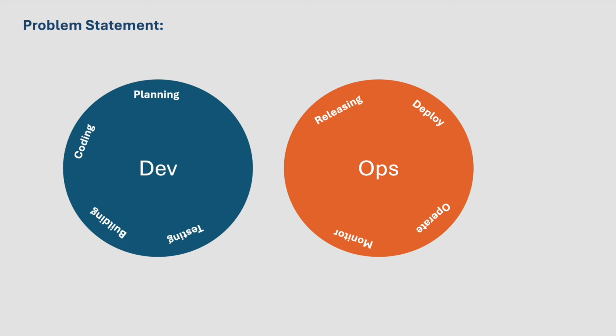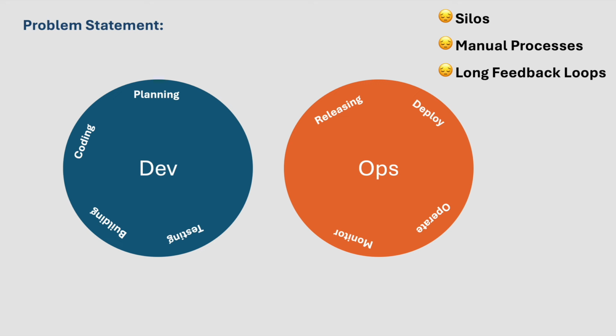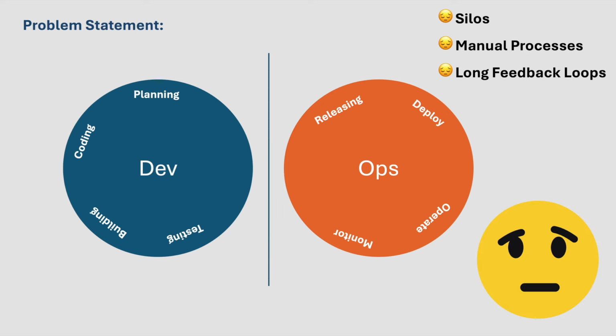This approach led to several issues as both teams worked independently with minimal communication, leading to incompatibilities between development and production environments, causing delays in releases. Also, deployments were risky and prone to failure due to manual steps. Feedback from production took days or weeks to reach developers, slowing the response to issues.